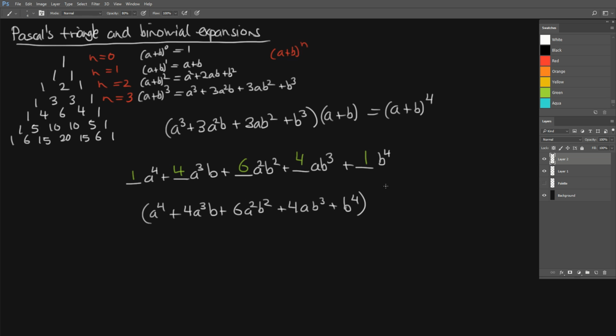And to get (a + b) to the 5, we'll multiply by (a + b). And once again, I know the coefficients will have to look something like this.